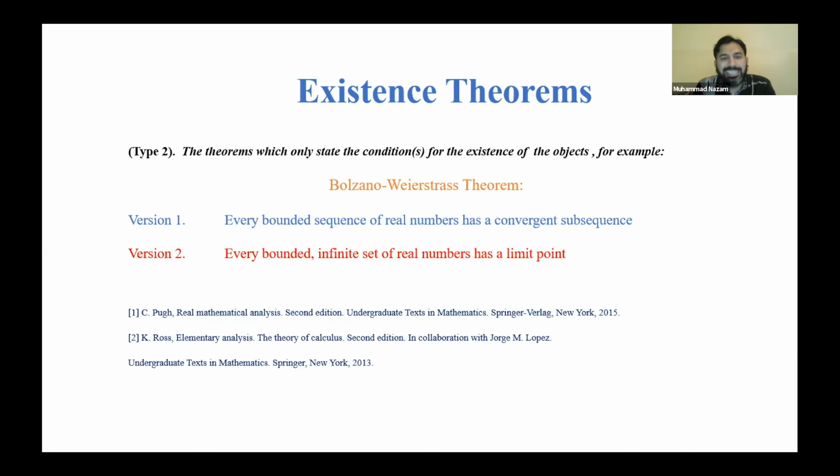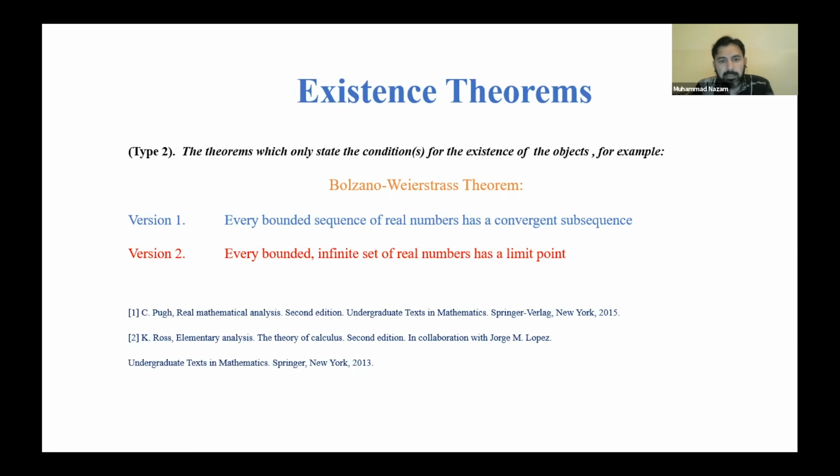That is, the theorems which fall in type 2 just hint at the existence of the object, that is, existence of the solution, existence of some roots. So here we have an example of that theorem. For example, the Bolzano-Weierstrass theorem. This is the type of existence theorem which falls in type 2.